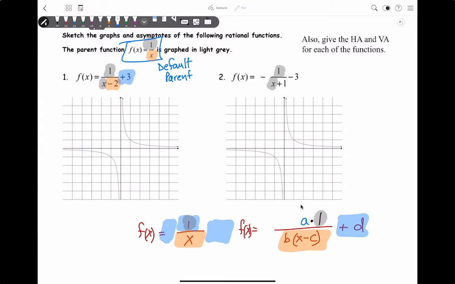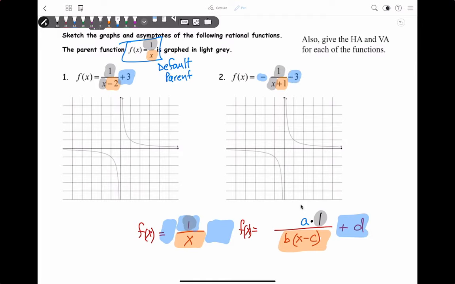Over here, this one had a horizontal shift 1 to the left. Then it had a reflection. That's a vertical reflection because it's not downstairs, if you will, with the x. So it's a vertical reflection across the x-axis. So let me highlight that in blue. And then it will be shifted down 3 units.